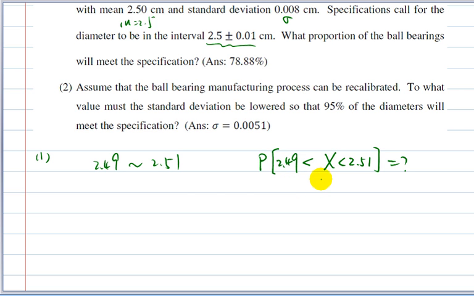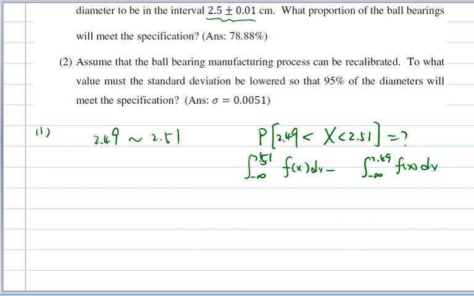I know this is a normal random variable, so I know the function f of x associated with it. Really, I would need to calculate this and then subtract this. But I said I don't want to calculate that.